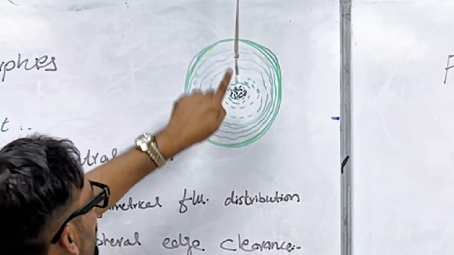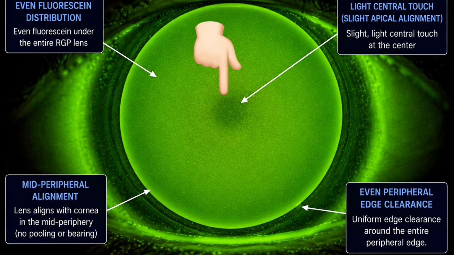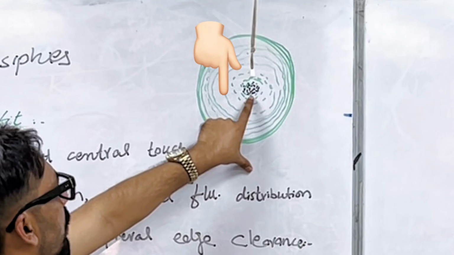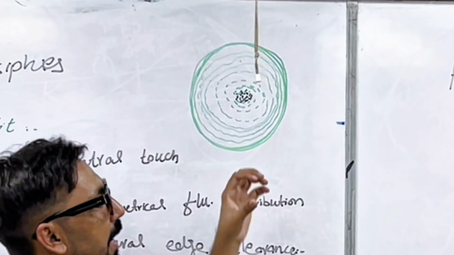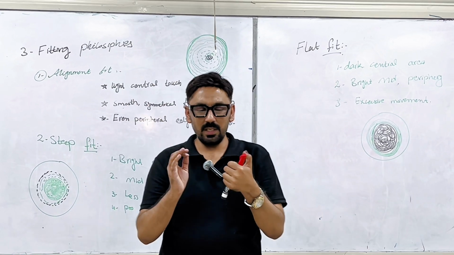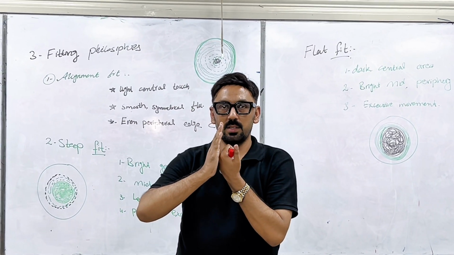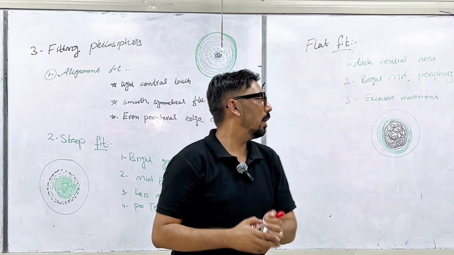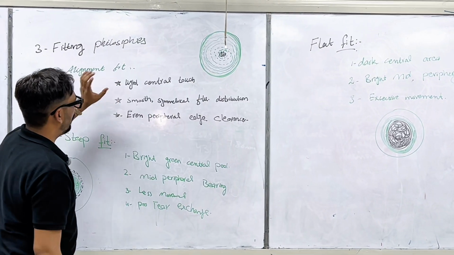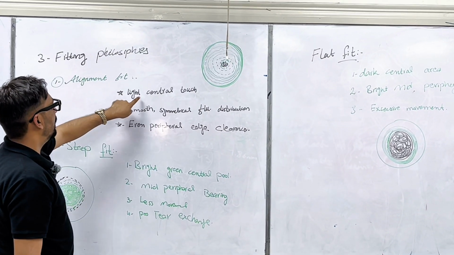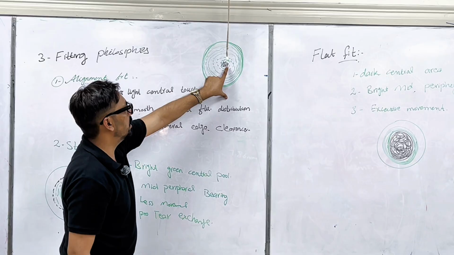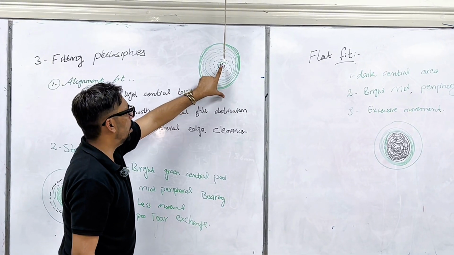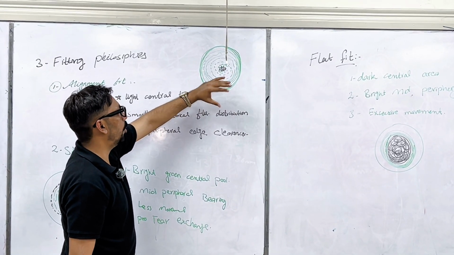And there is a small, the least, central touch at the apex, a small touch of the RGP lens on the central cornea. So the first characteristic is light central touch. Central touch means these black areas, if you can see. It's small, the least one, not the biggest one, not the prominent one, right?